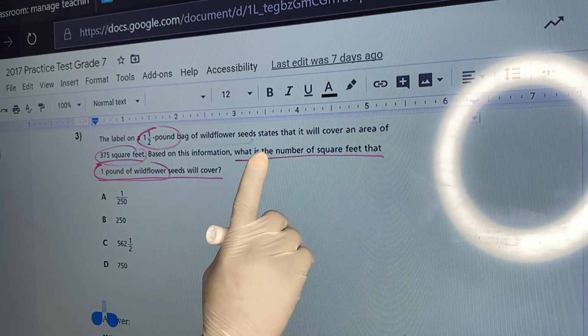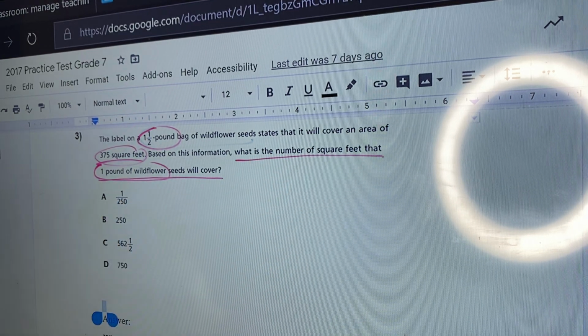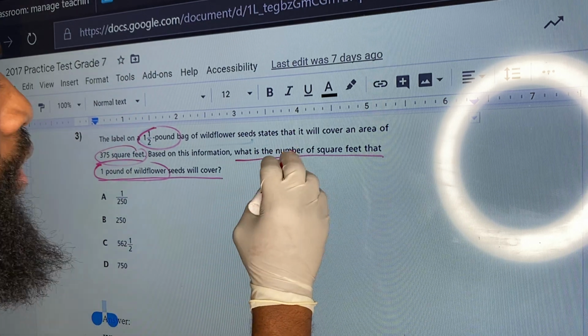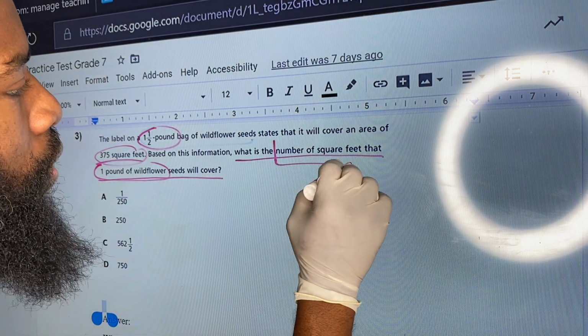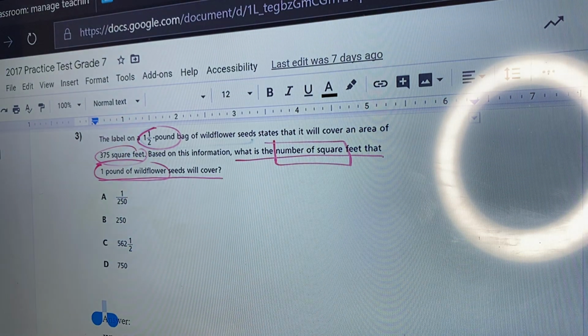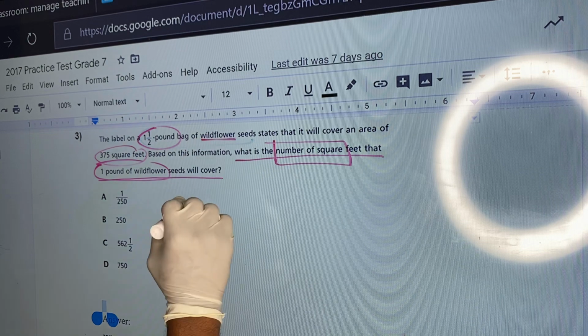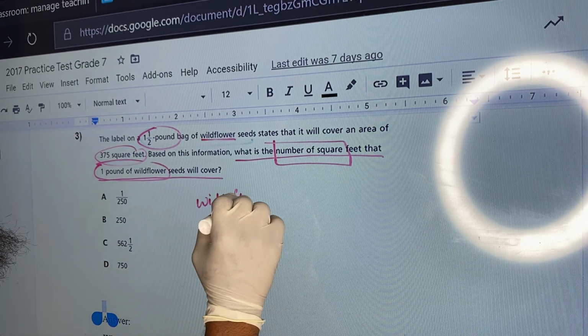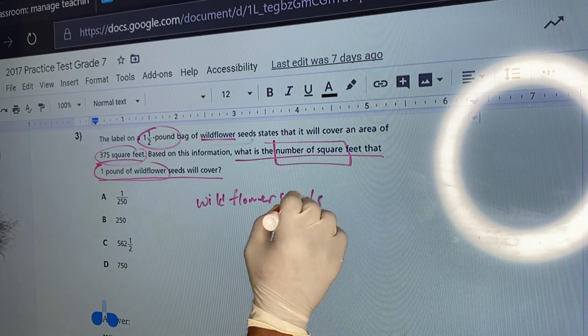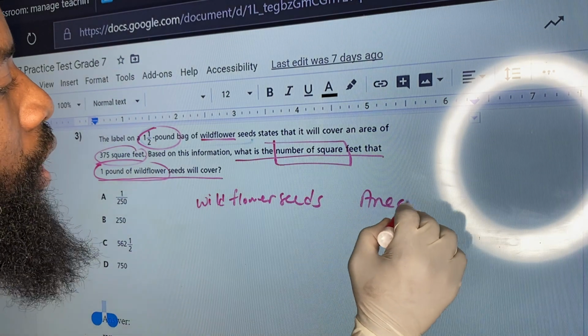Number of square feet. I have to find the action word. What is the number of square feet? Okay, this is what they're asking for, number of square feet. So we'll want to find the two things they're comparing. So wildflower seeds and the area that it covers.